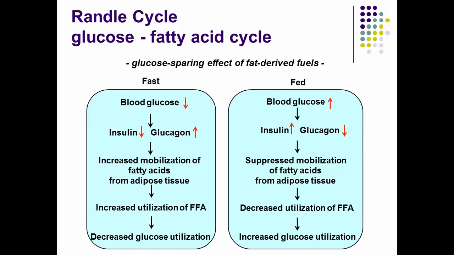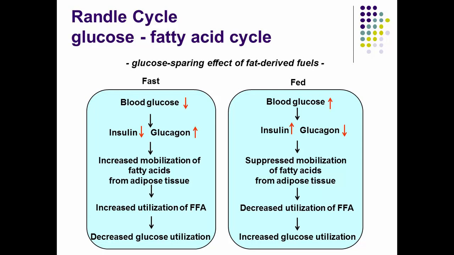So then you have fewer fatty acids being released from adipose tissue, meaning you have fewer fatty acids available for oxidation for energy. So this will lead to increased glucose utilization by many tissues, right?